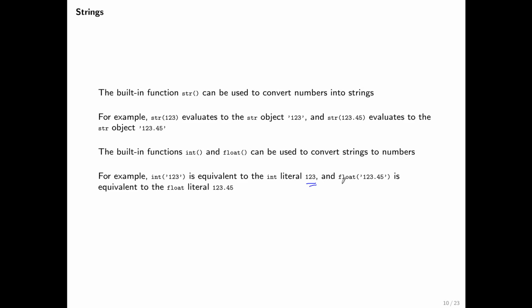Similarly, calling the float built-in function on the string literal 123.45 gives you the float literal 123.45. All right, so you can use str to convert numeric types to strings, and you can use the built-in functions int and float to go the other way around, meaning convert strings to numbers.